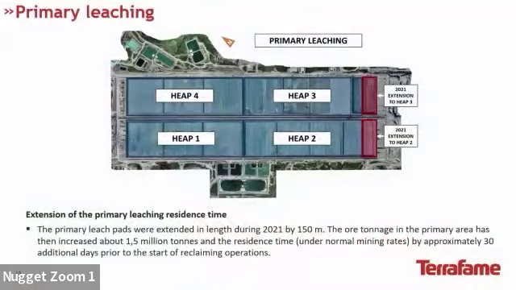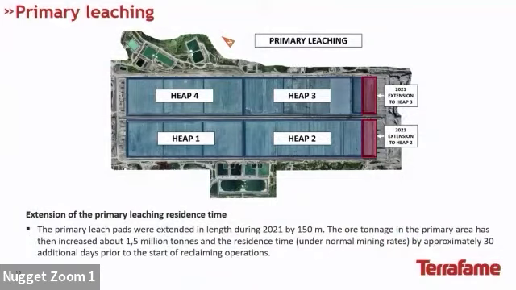Yeah, in the original plan, we had residence time in primary about 18 months. And we have seen that the primary leaching is continuing quite well after that. And we are expanding our primary leaching.